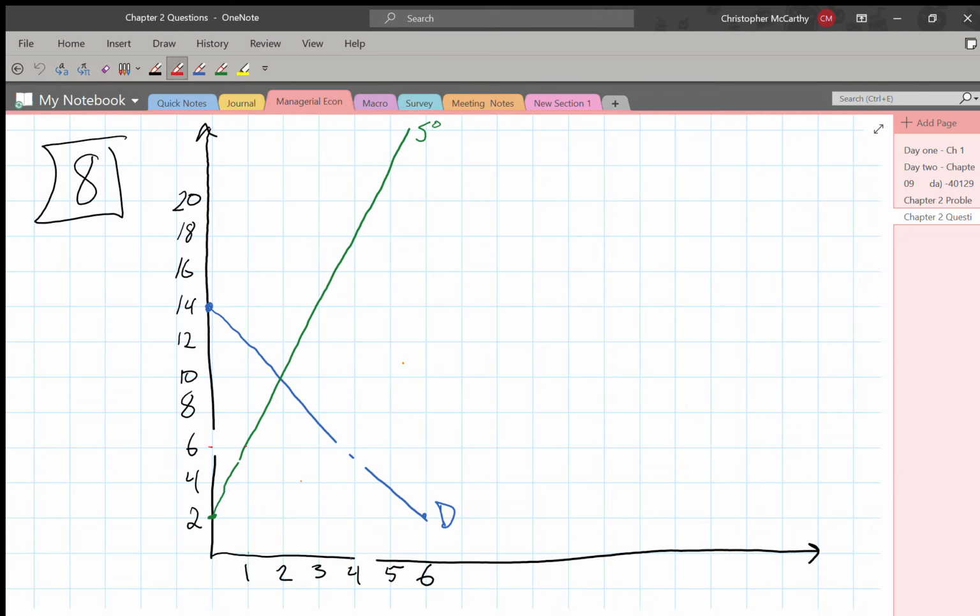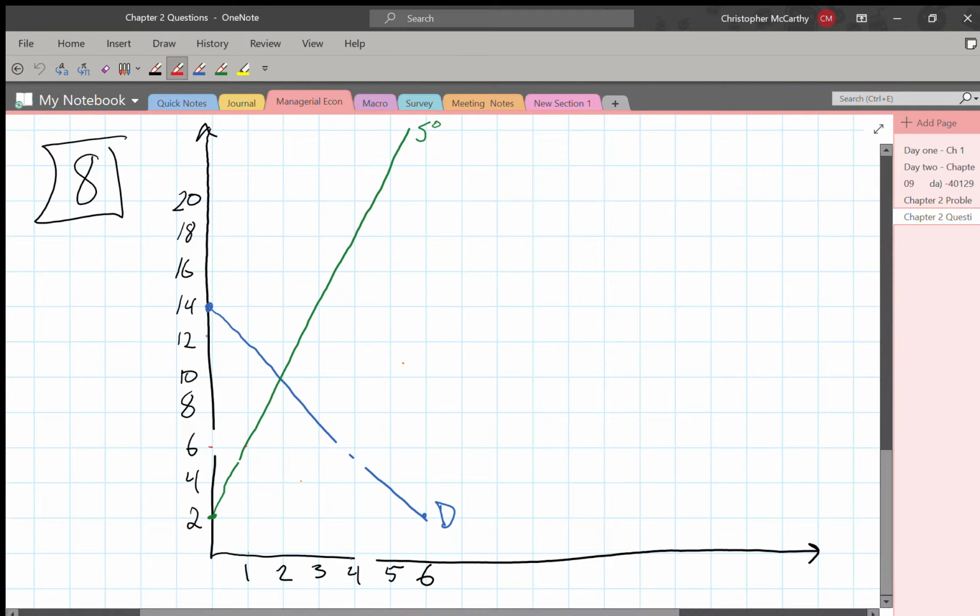So now we're asked, what if a price support, or a price floor, of $12 was imposed? No price below this price.